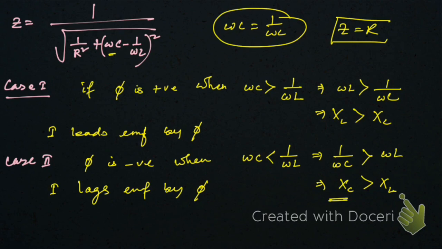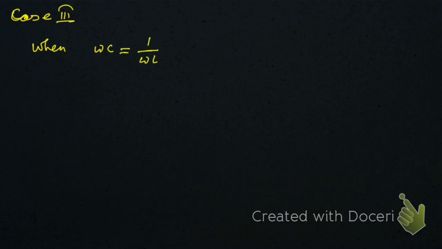Now let me go to the next slide. Here, case 3, when omega C is equal to 1 by omega L, or you can write omega L is equal to 1 by omega C, which is the resonant condition.